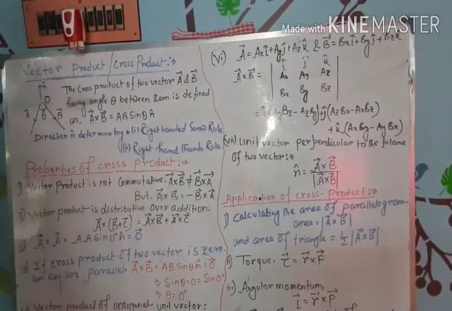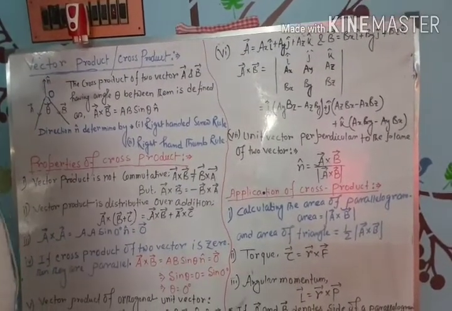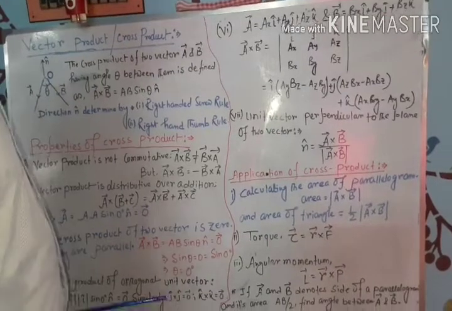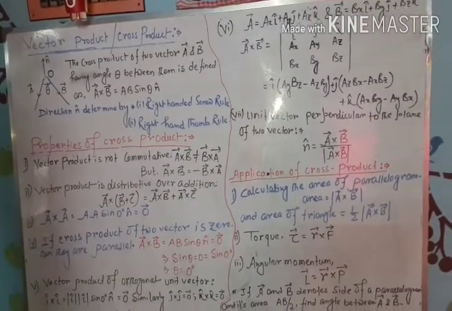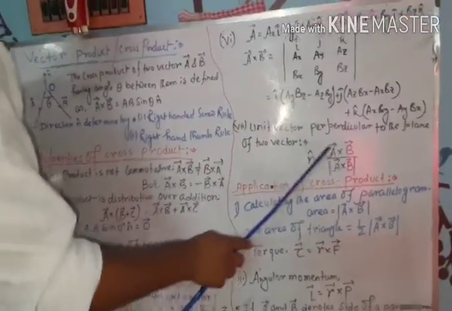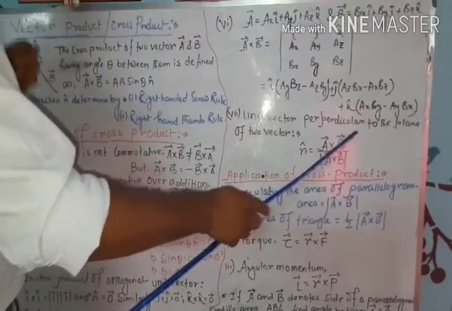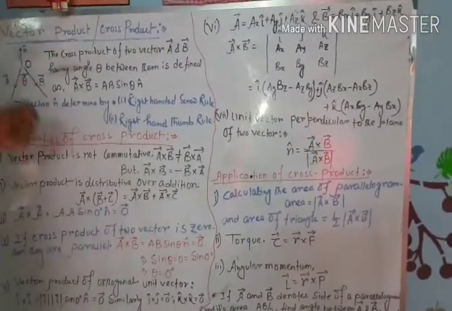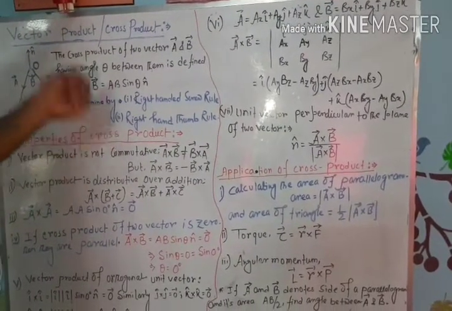Okay, and lastly we can determine a unit vector which is perpendicular to the plane where the two given vectors are situated. Suppose there are two vectors, A vector and B vector, situated on a particular plane. You want to determine a unit vector which is perpendicular to that plane.